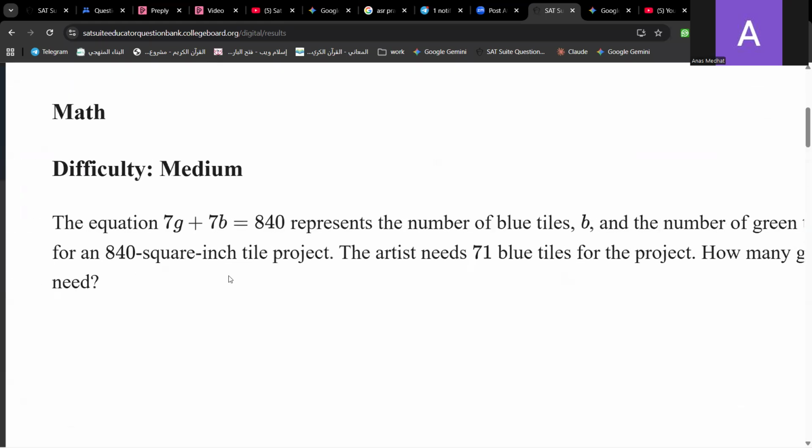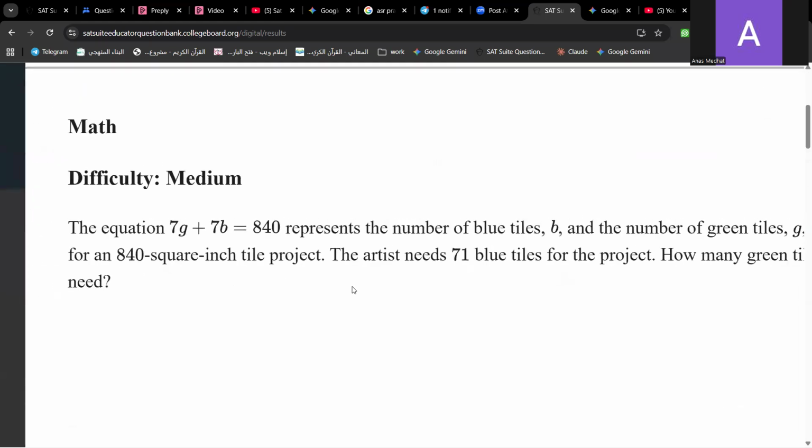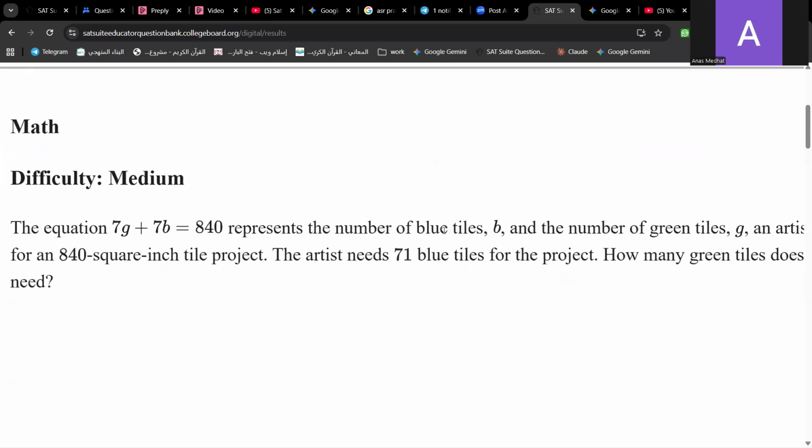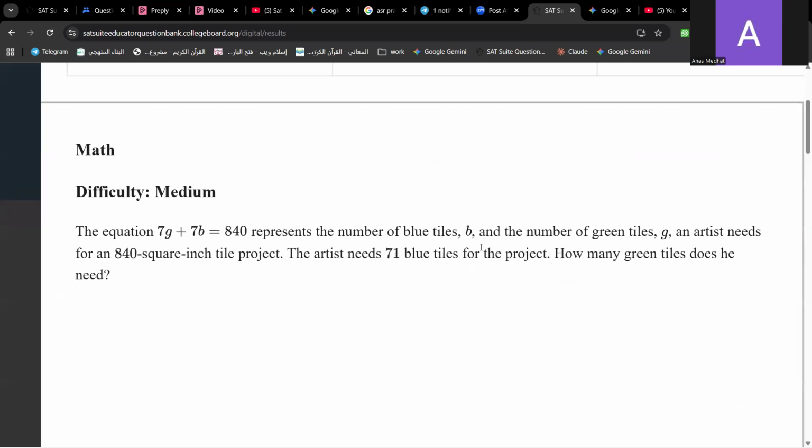The equation 7g plus 7b equals 840 represents the number of green tiles g and blue tiles b an artist needs for an 840 square inch tile project. The artist needs 71 blue tiles for the project. How many green tiles does he need? All you have to do is substitute 71 for the blue tiles, which is b.